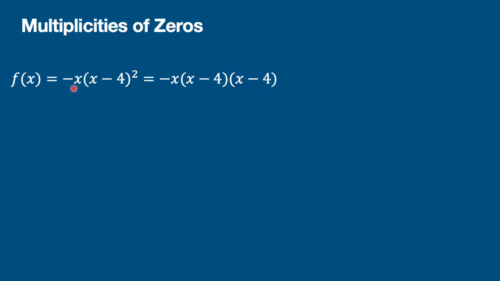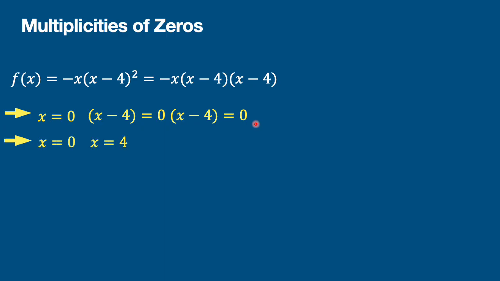The previous function is negative x times (x minus 4) squared, that is, negative x, (x minus 4), (x minus 4). In that case, x equals 0, x minus 4 equals 0, x minus 4 equals 0. So we find x equals 0, x equals 4, x equals 4.